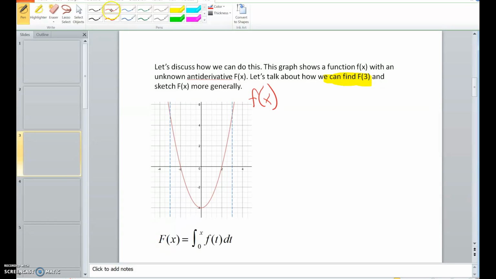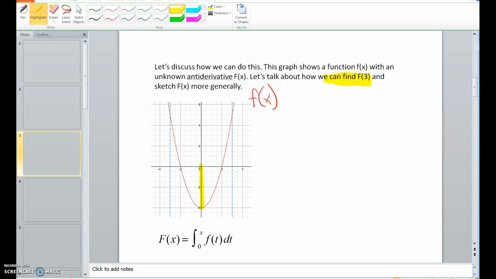So the way I might go about doing that is I'll start at 0 and I'm going to start shading in the area, and that's going to give me a sense of the net change from 0 to 3. So I'm going to shade an area from 0 to 3. I notice that at 0, the first slice of area here is negative area.